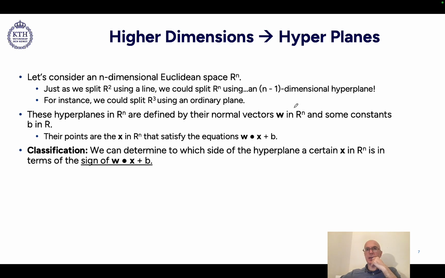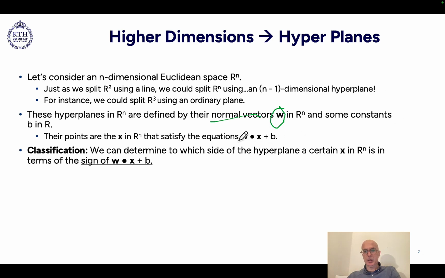For instance, if we have a three-dimensional space, we can use an ordinary plane to divide one class from the other one. We can use the same machinery, so we can use again our w, which is physically the normal vector, perpendicular to the hyperplane, and some constant b in R. And then we can use the same technique.